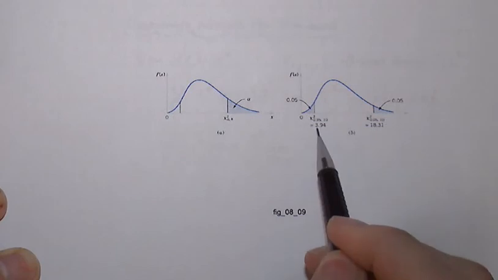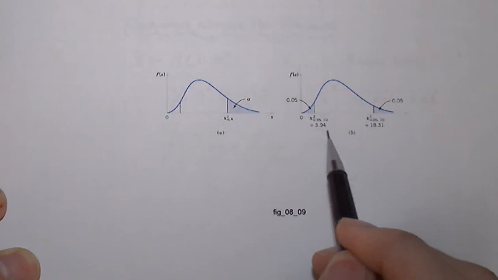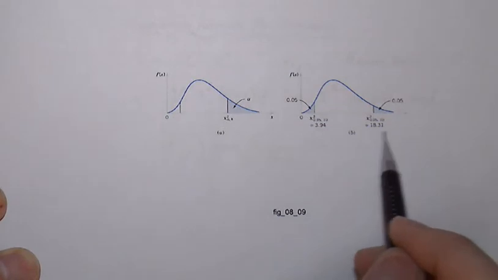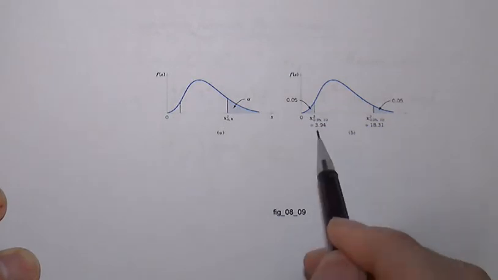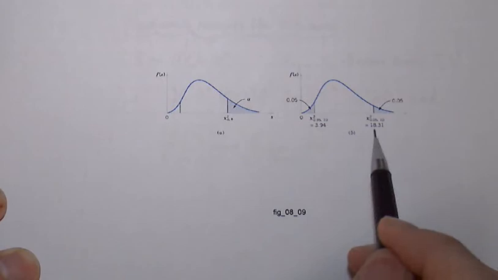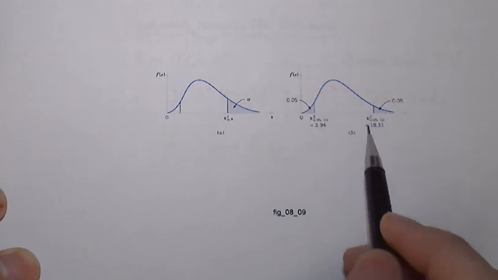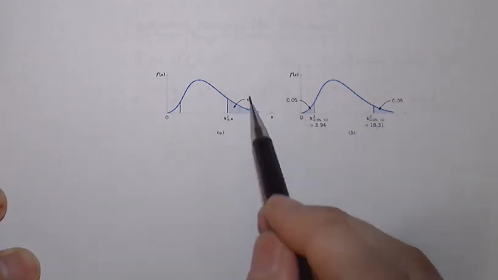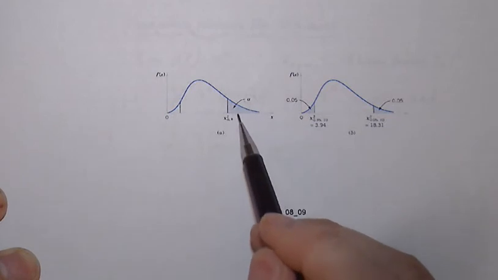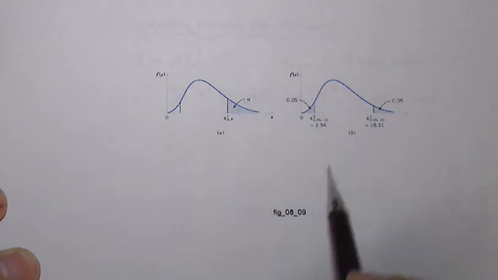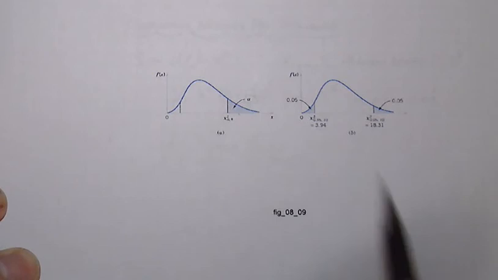Once again, we'll talk about where this number comes from. There's a 3.94 over here and an 18.31 over there. These are not plus and minus values of each other. If we want a two-sided interval, we have to go into the table twice to get this number and then that number. And noting that it turns out this alpha value is going to be up here in this upper tail, and that's going to mean something kind of interesting here in a moment as we go about getting this confidence interval.